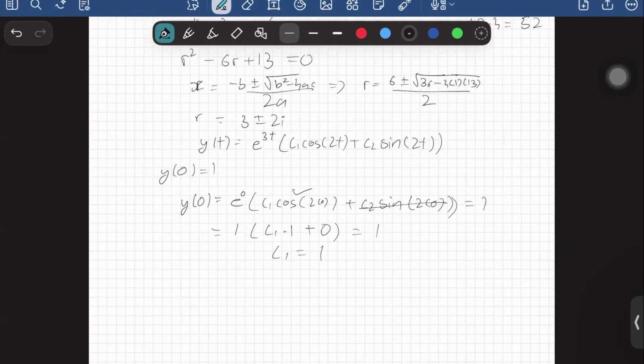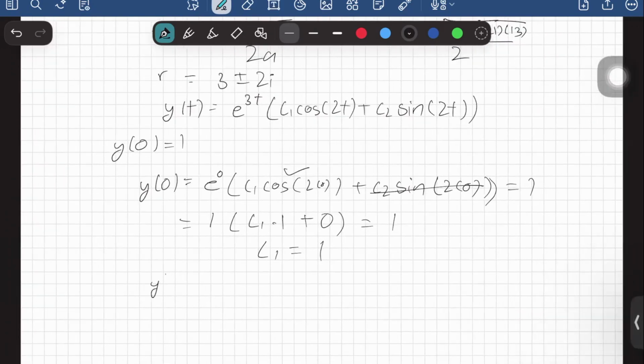So y prime of t should look like, okay, I'm just going to differentiate the whole equation. And frankly, you can just use the product rule for this one, and it's pretty easy.